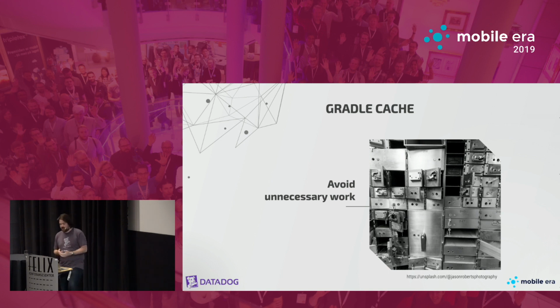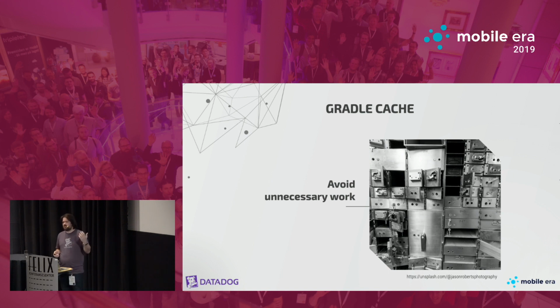Then you can use the Gradle cache to avoid all the unnecessary work. For now, the plugin that we created is going to download the strings every time we compile the project. And I don't know about you, but when I'm working on an app, I can build the app like 100 times a day.